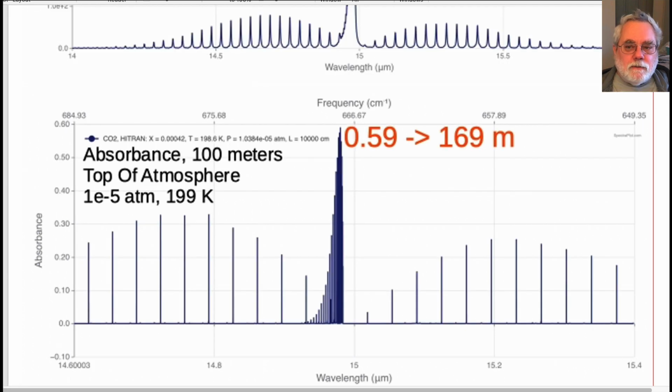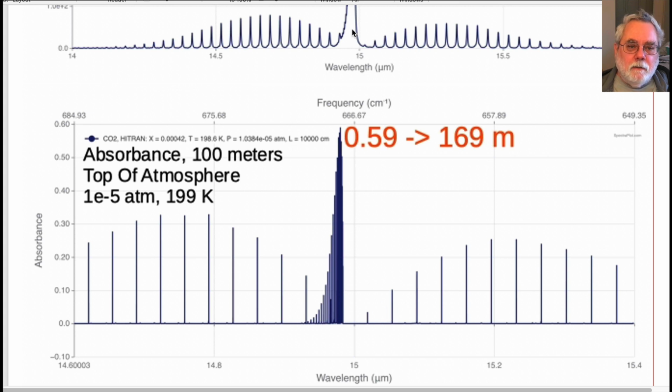This is the absorbance graph for the 80-kilometer top of atmosphere, zoomed in to 14.6 to 15.4 microns. The smaller peaks are now narrow spikes due to lower pressure and lower temperature.